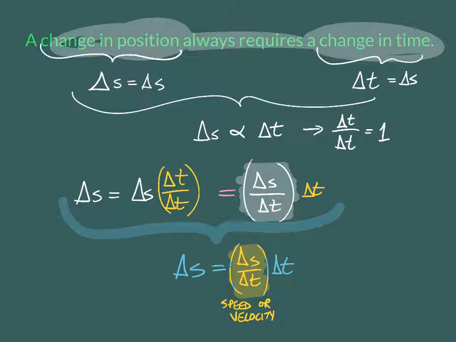All right. And so this means a formula could be this right here. Delta S, a change in position, is equivalent to the same but not the same as speed times the change in time. Distance equals rate times time. That formula you did a few word problems on in algebra class.